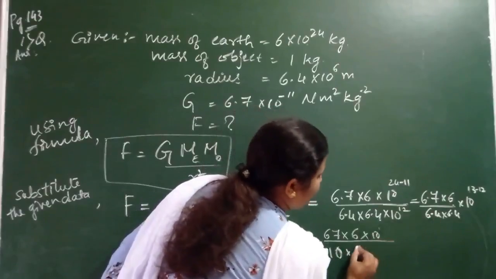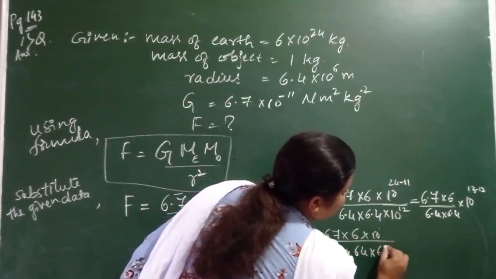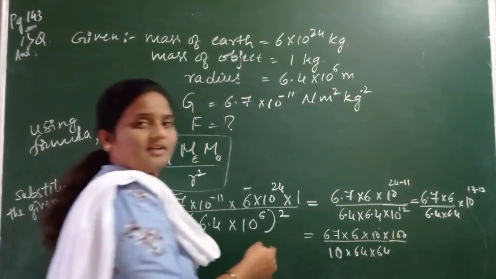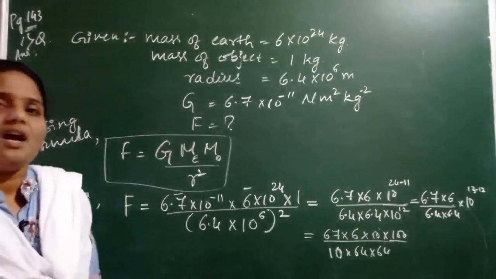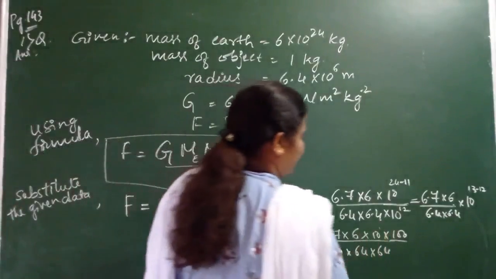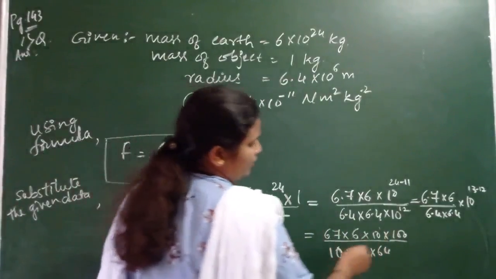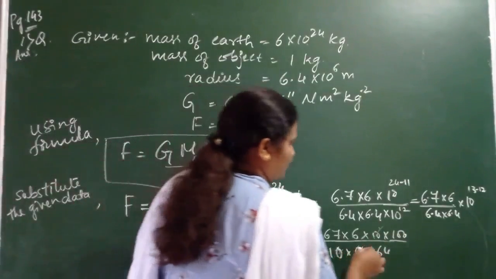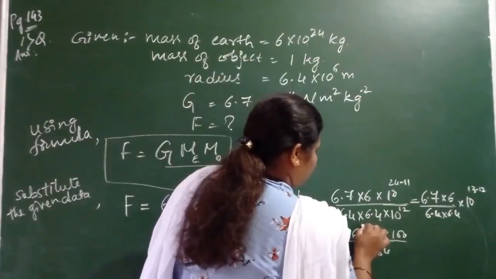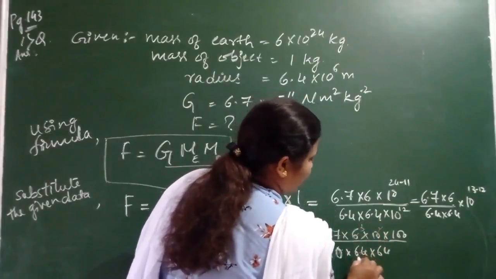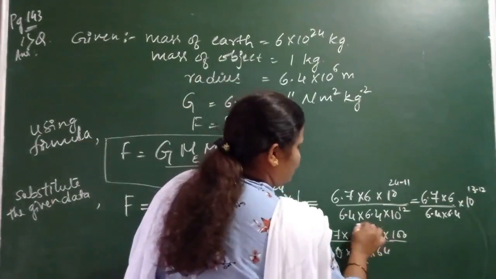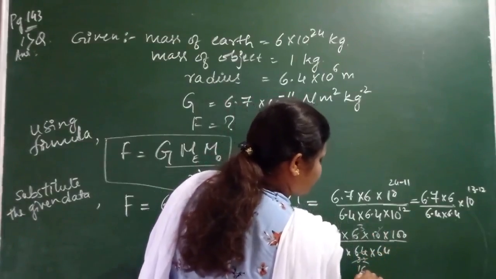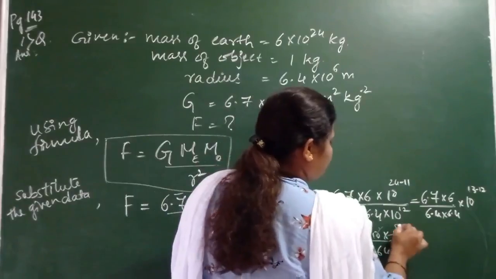Then 6.4 is nothing but 64 by 10, so 64 into 64 into 100, because here 10 will be in the denominator, and if it goes to the numerator it will become 100. So now do the cancellation, children, it will become easy. 10 gets cancelled. Then 2 3s are 6 and 2s, then 1s, 6s, 5s, 0.